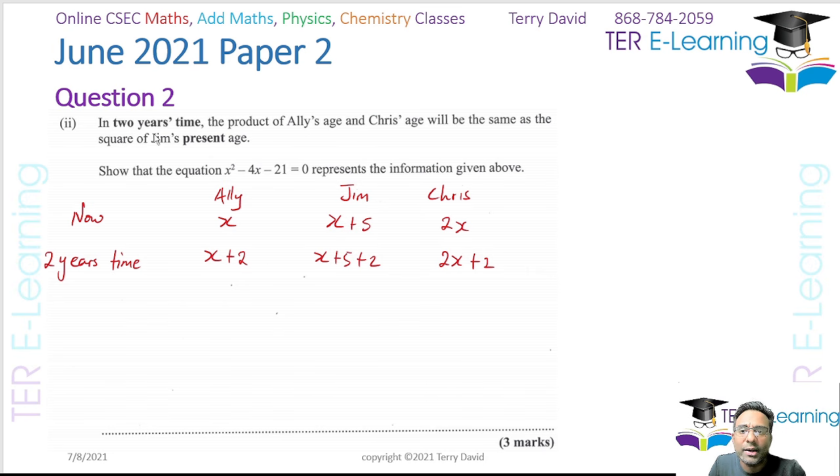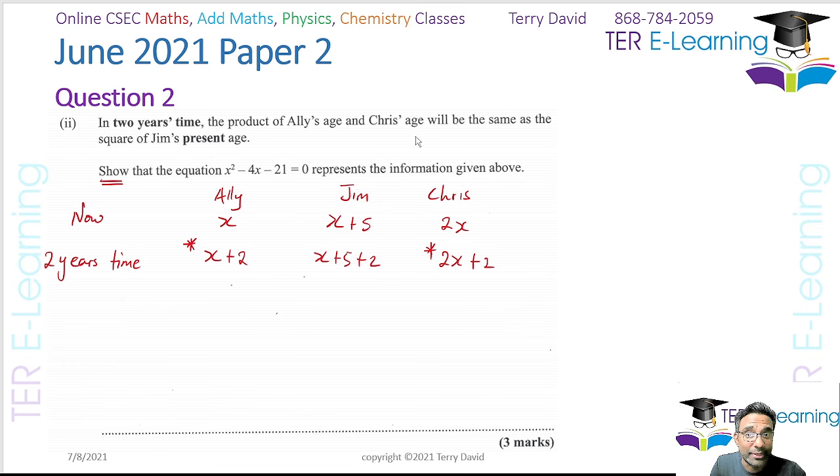Now let's see what they are telling us here. So students should like these kinds of questions where they say show, because you know what the answer is supposed to be. So in 2 years' time, the product of Ali's age and Chris's age, right, will be the same.